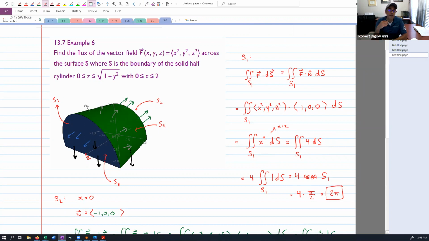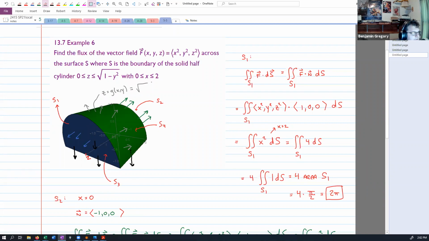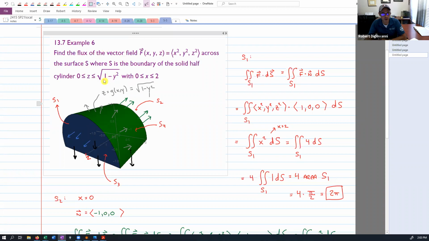S4 is a function of two variables, right? It's a surface. What is this surface here? z is g of x, y, which is, what is the function? Square root of 1 minus y squared, right? It's this half cylinder right here.